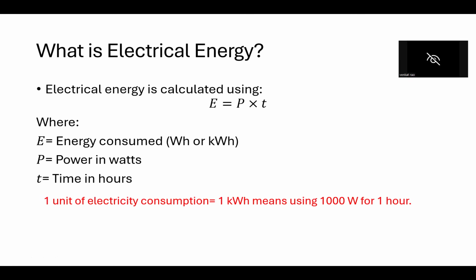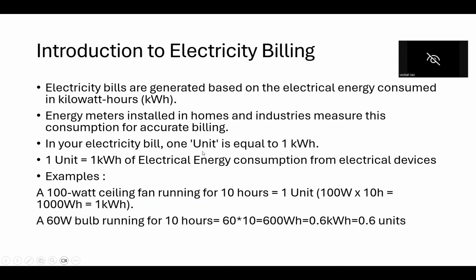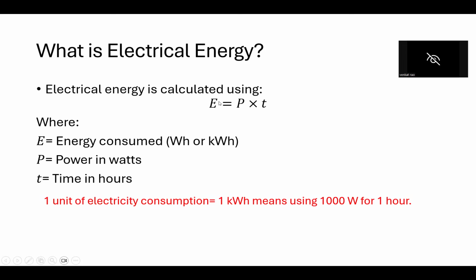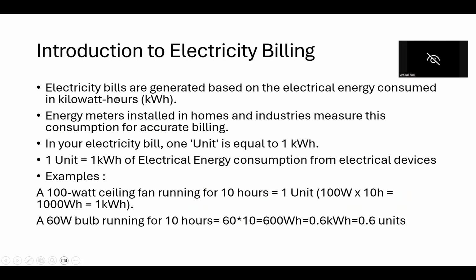Now we'll see the relation between electrical energy and the electricity bill. Electricity bills are generated based on the electrical energy consumed in kilowatt hours. If you know how much energy is consumed in terms of kilowatt hours, then we can measure electricity bills. Energy meters are installed in homes and industries to measure this consumption for accurate billing.